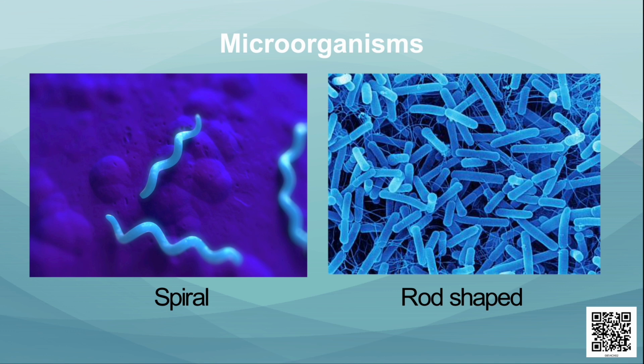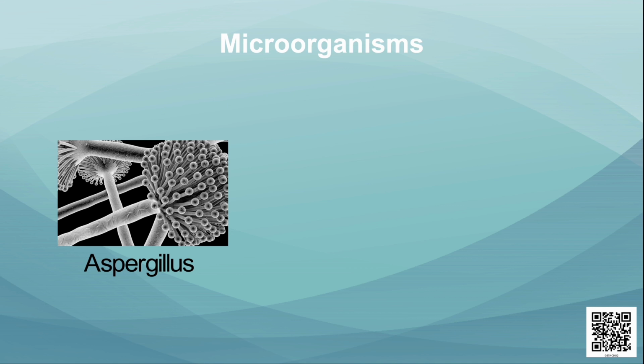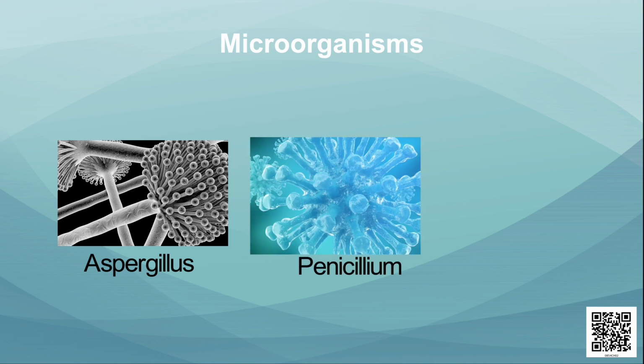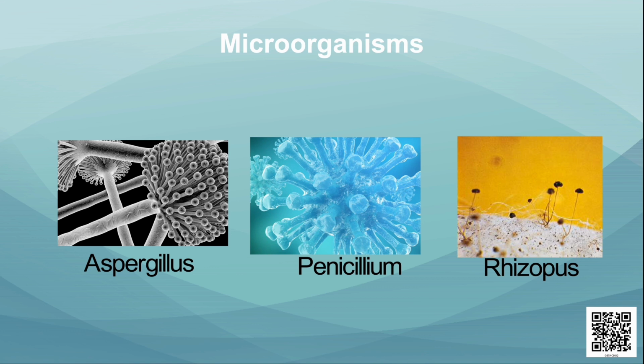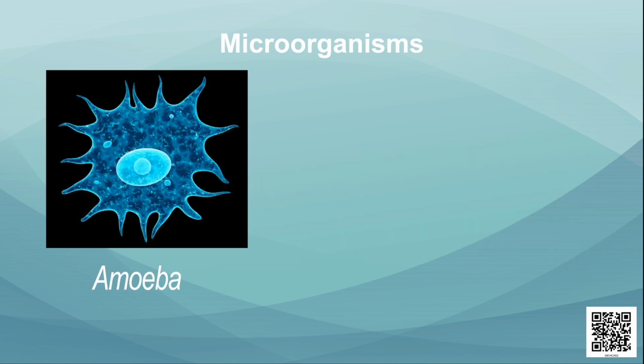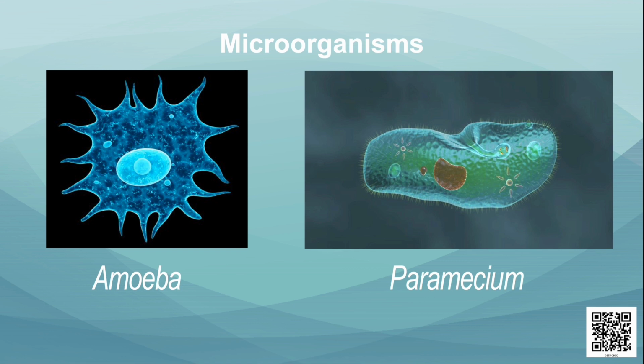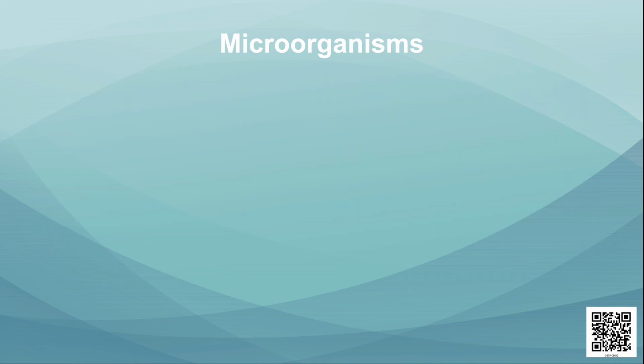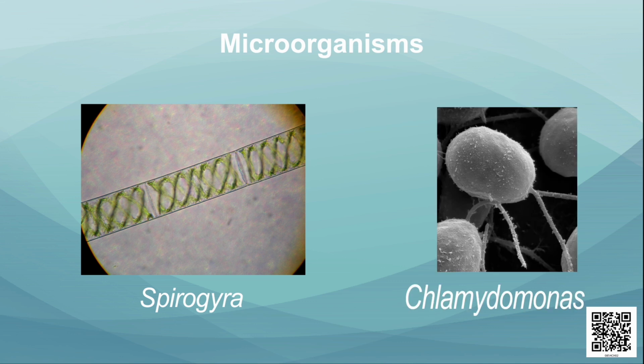Examples of fungi are Aspergillus, Penicillium, and bread mold, means Rhizopus. Let us see the examples of protozoa also. Examples are amoeba and paramecium. Examples of algae are Spirogyra and Chlamydomonas.